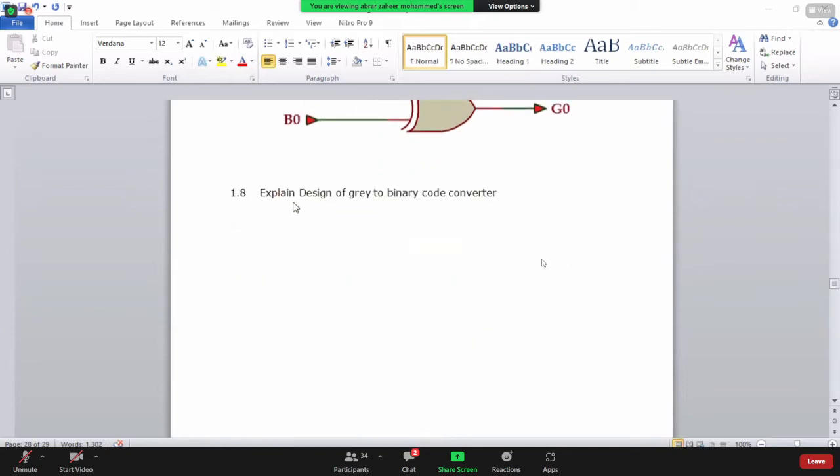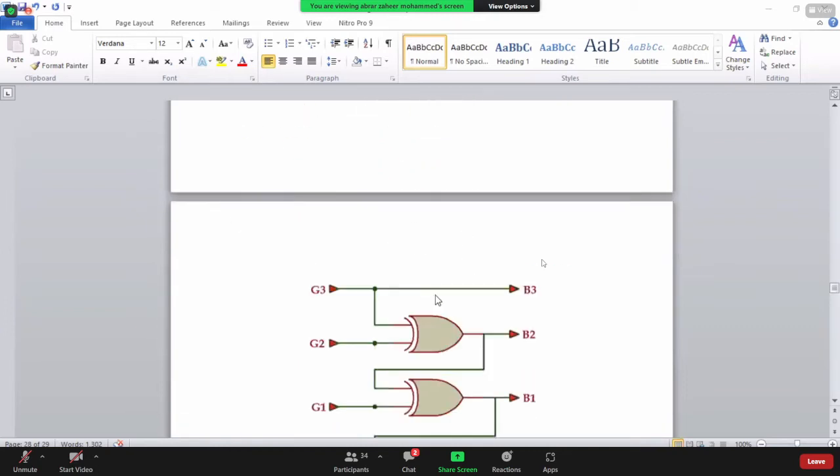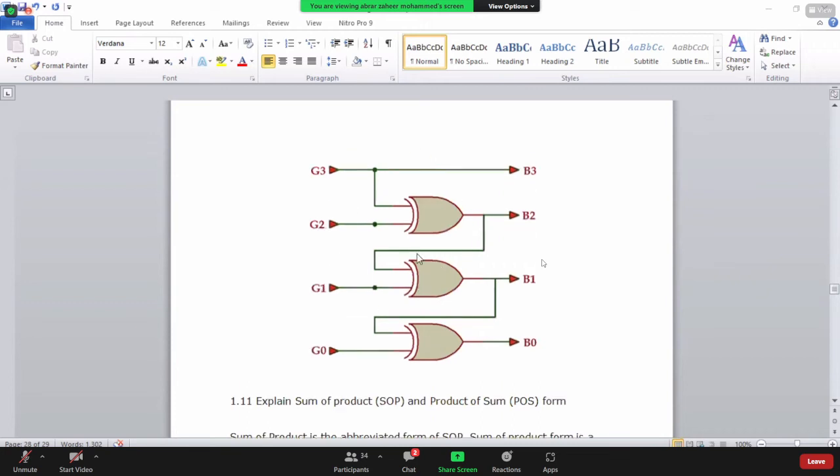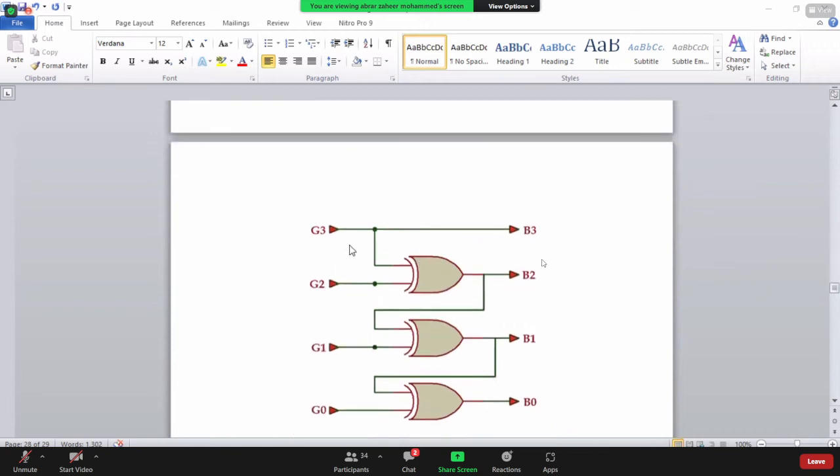Now, how to design the gray to binary code converter? So here we have gray and this is the binary. Gray to binary. Here G3, G2, G1, G0 are the gray codes and B3, B2, B1, B0 are the binary codes.